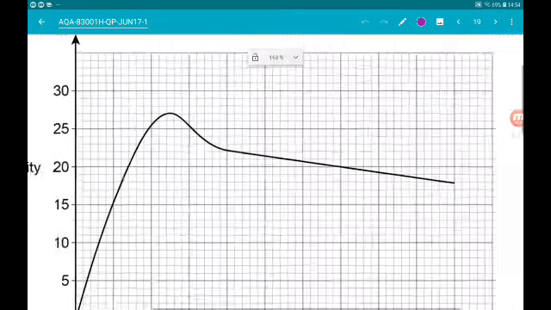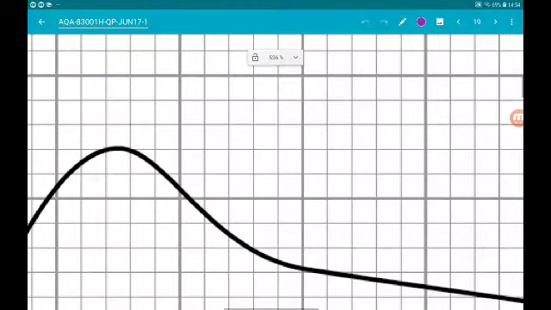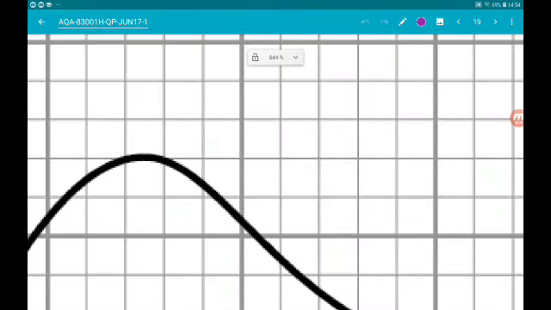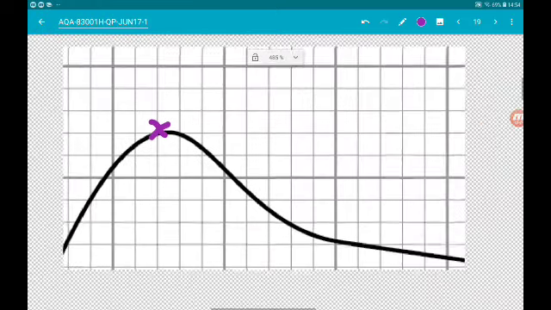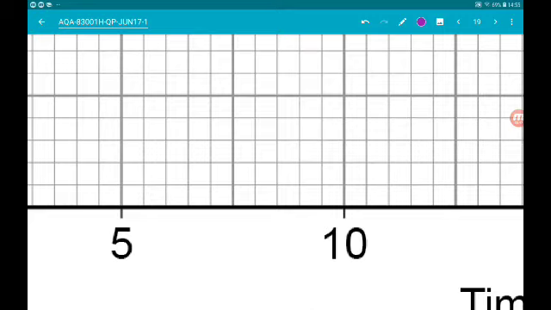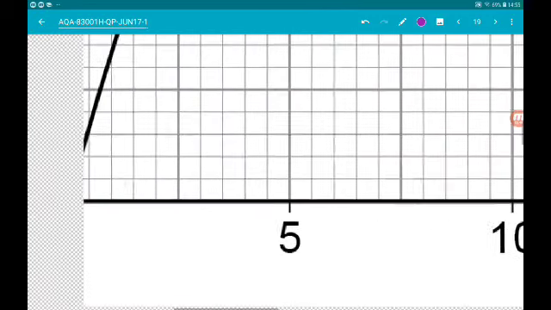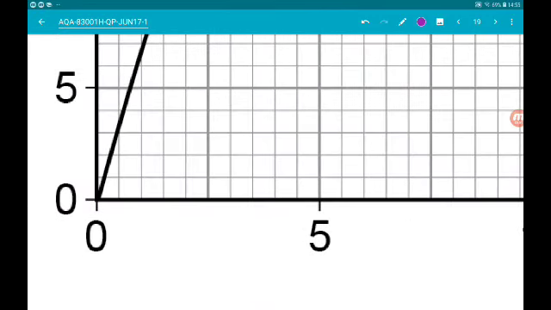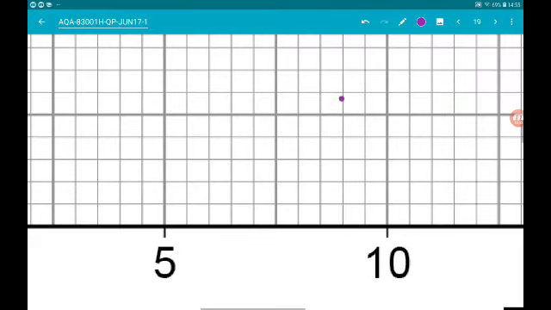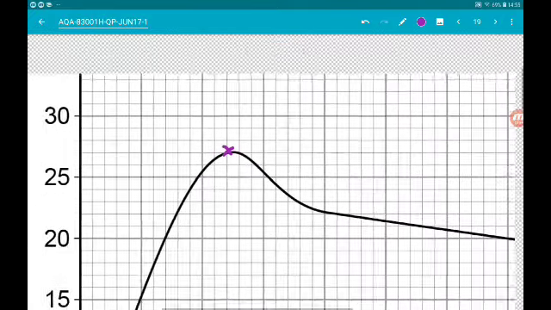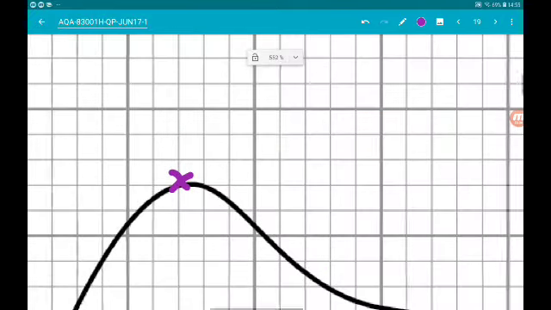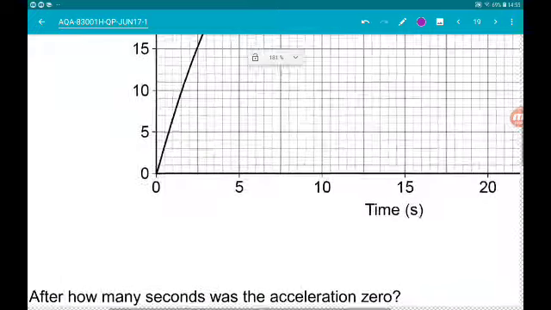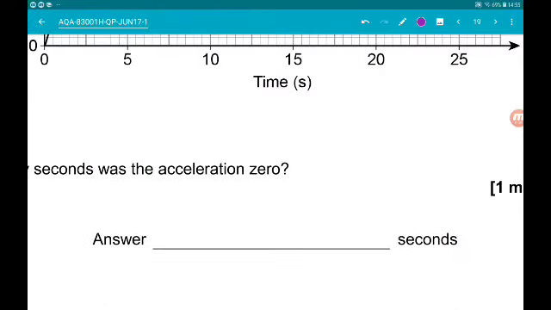So that is going to happen at this point here. Now that is at, so every 2 little squares is 1 second. So it's 2 little squares to the right of 5. That makes it 6.